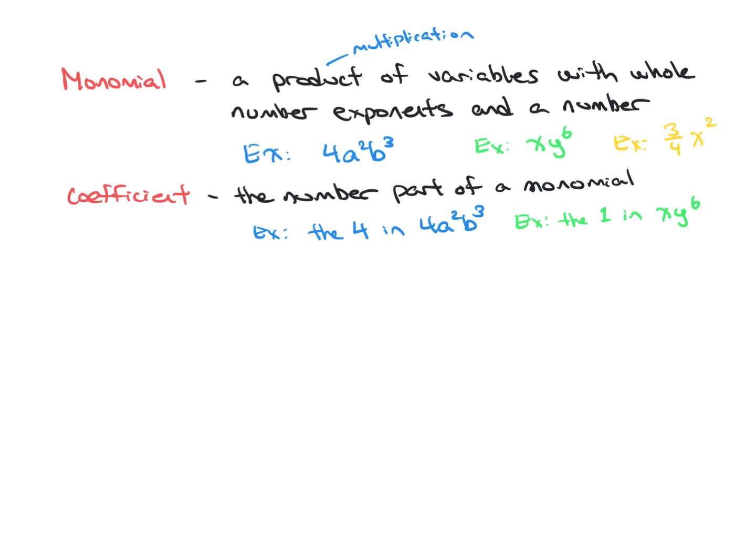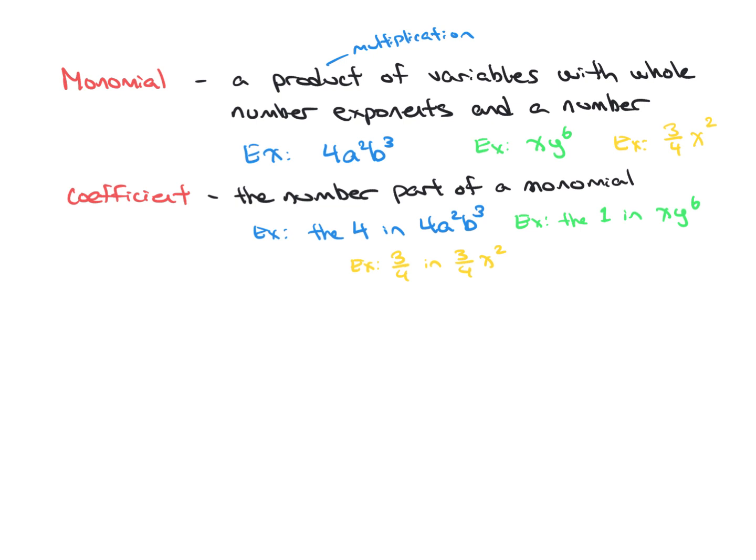The exponent on it is a whole number, 2. And it's also multiplied by a number, 3/4. So in this case, the coefficient would be 3/4. So 3/4 in 3/4 x squared. Okay, so that is the definitions for monomial as well as coefficient. Okay, they're kind of tied together. A coefficient is just a part, the number part of a monomial.